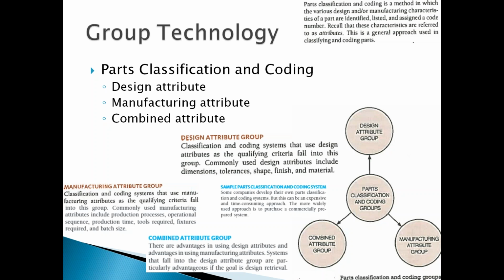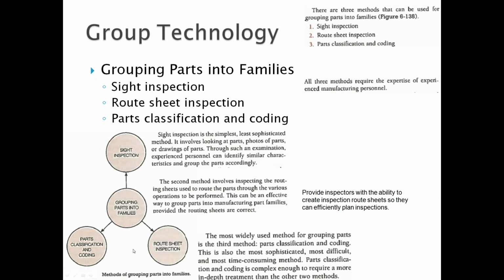Recall that these characteristics are referred to as attributes. This is a general approach used in classifying and coding parts. So from here, you can see part classification and coding is the most sophisticated method.